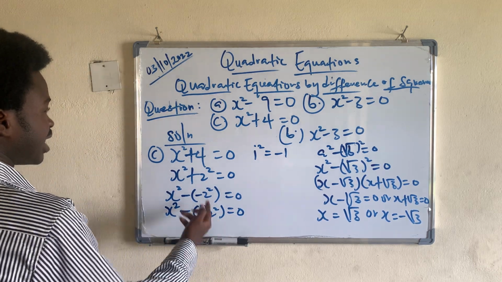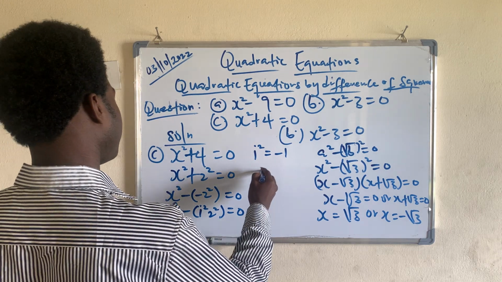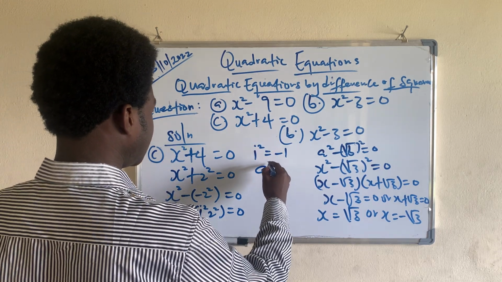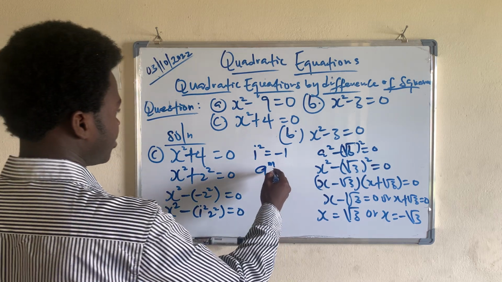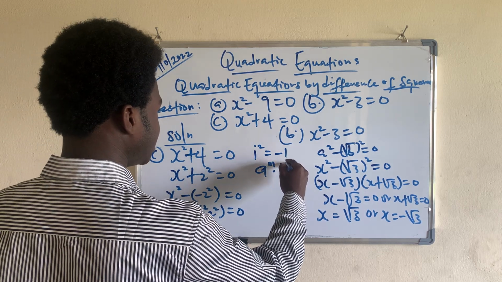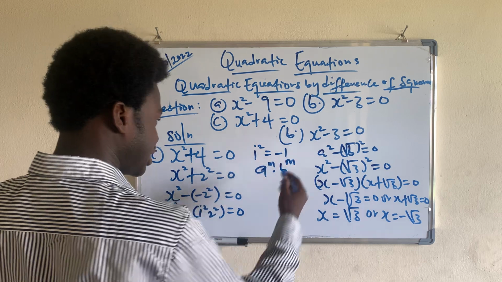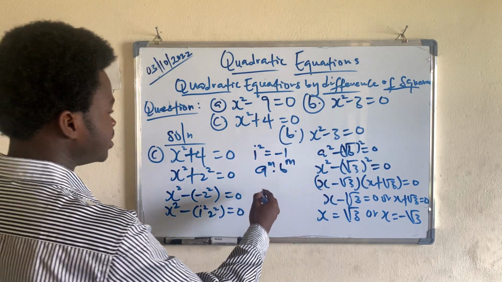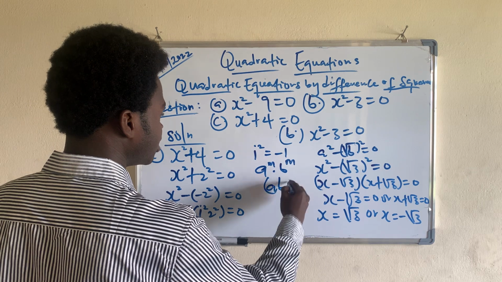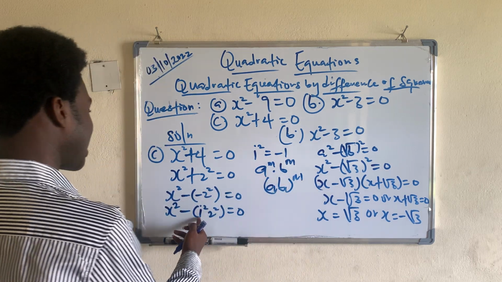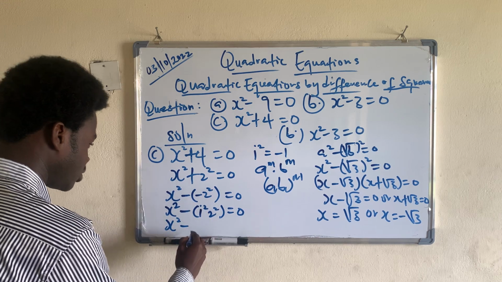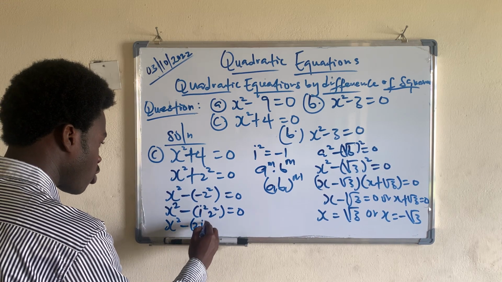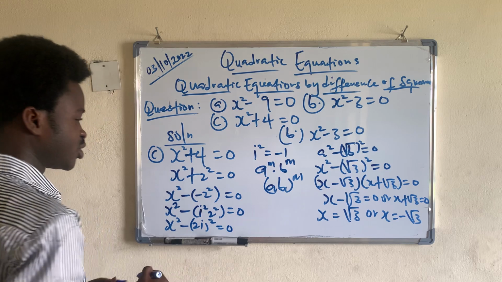And don't forget indices. When you have a to the m multiplied by b to the m, this is the same thing as saying you have ab to the m. So it means I can express this term as x squared minus 2i, all squared, equal to 0.